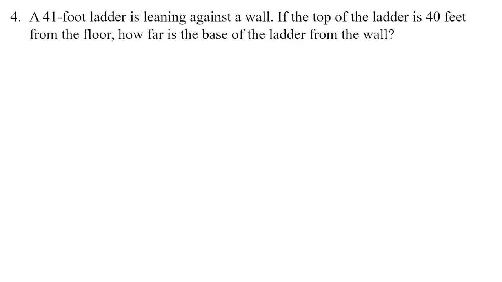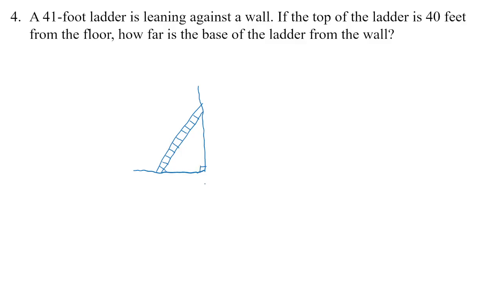And when you're dealing with a word problem, you want to draw it. So here's the floor. Here's the wall. And here's the ladder leaning up against the wall. And of course, the wall and the floor make a right angle.